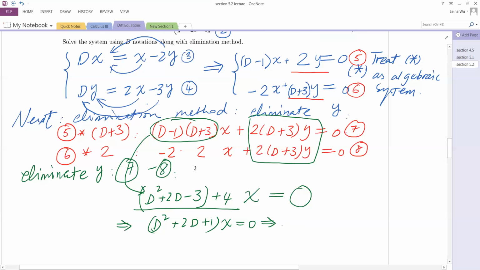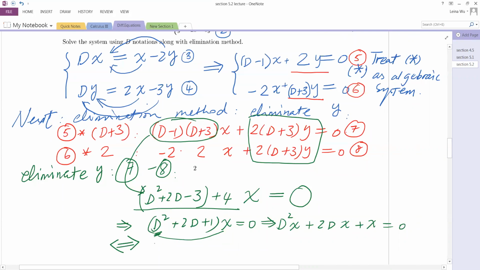What does (D squared plus 2D plus 1)x equals 0 mean? X is 0. Don't forget about the D. Milan, now you've got to go back to the D. Just distribute: D squared x plus 2Dx plus x equals 0. What is this equivalent to?